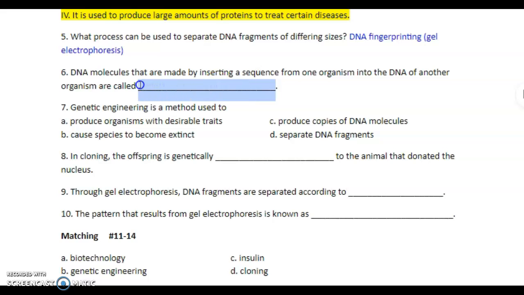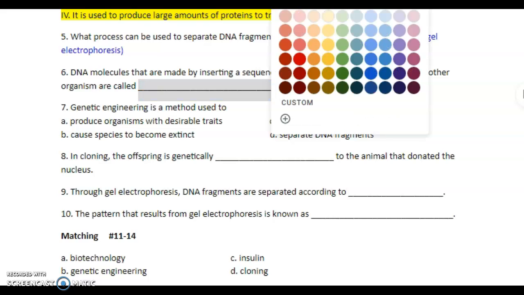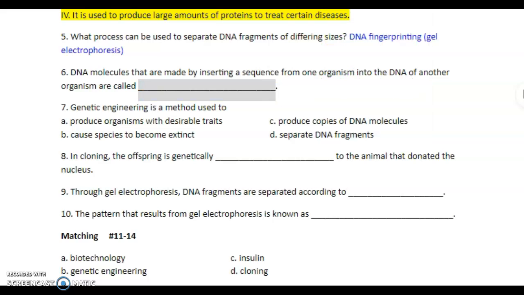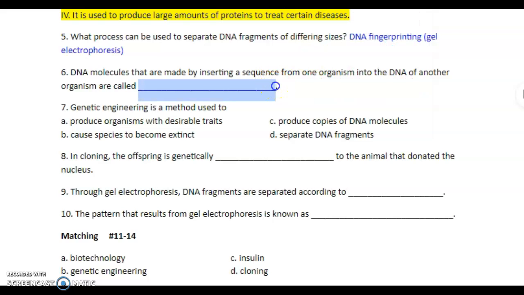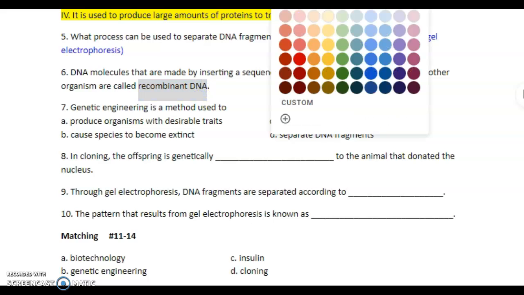It's called recombinant DNA. You recombine those two pieces of DNA from two different organisms.